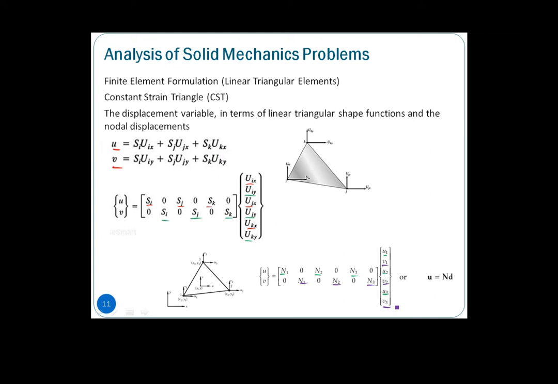The linear triangular element has three nodes, so three shape functions. In matrix form, the shape function matrix is 2 times 6, three shape functions in x and y, multiplied by a 6 times 1 vector, and that gives us u, v.